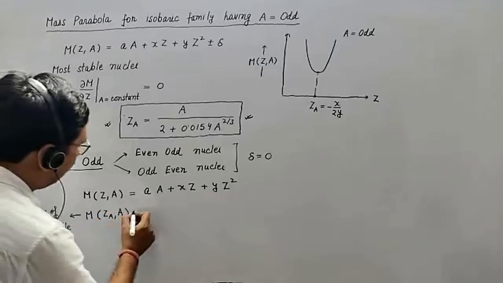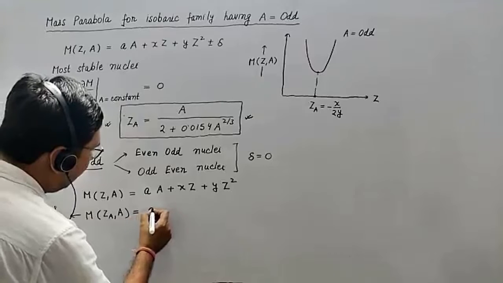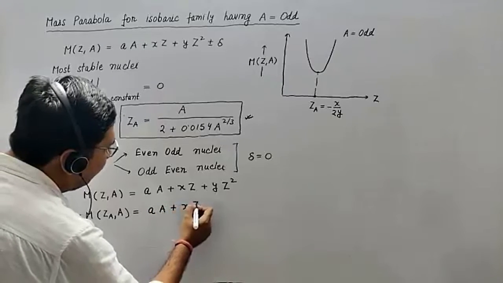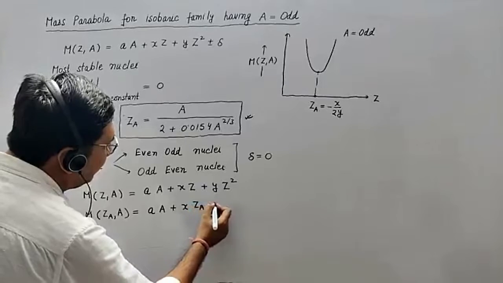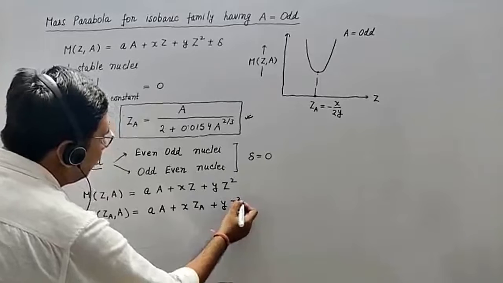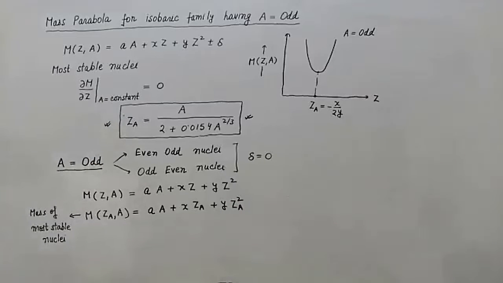This is the mass of the most stable nuclei. So this will become equal to alpha A plus XZA plus YZA square. So this will be the mass of the most stable nuclei.